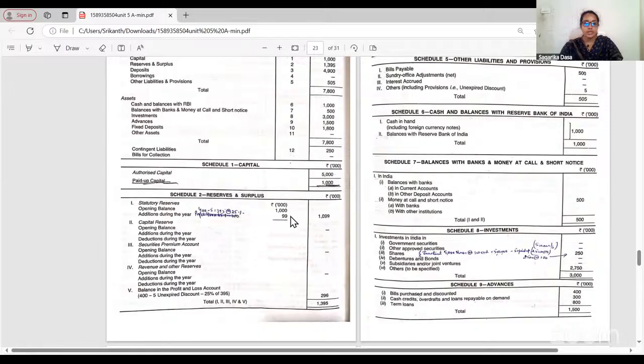Why 25%? 25% is the statutory reserve, and 5 is the unexpired discount which is given in the problem.